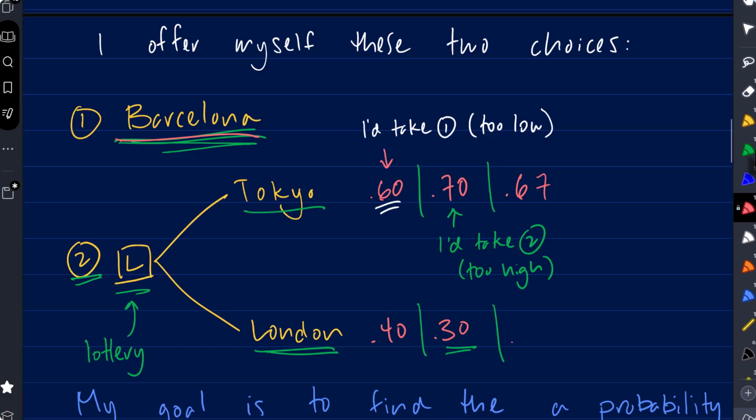So I landed on 0.67. If there was a 67% chance of winning the lottery and a 33% chance of losing it, or I had the option of just taking Barcelona, then I would be indifferent between the two.